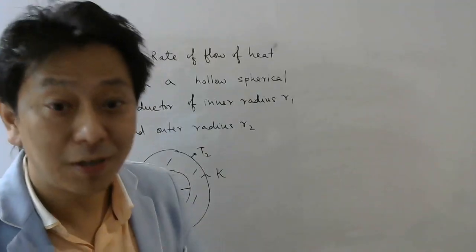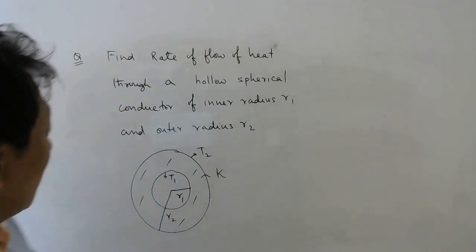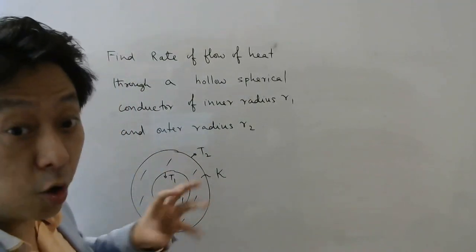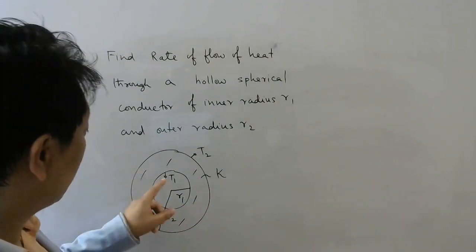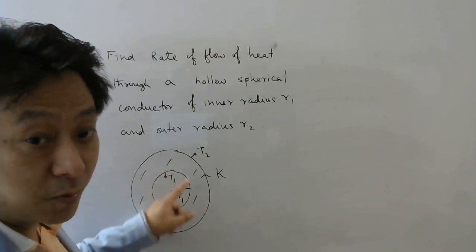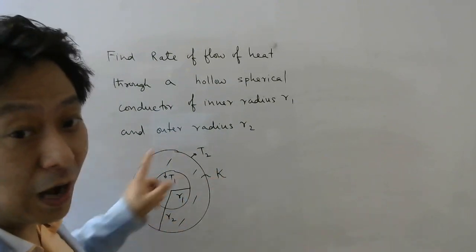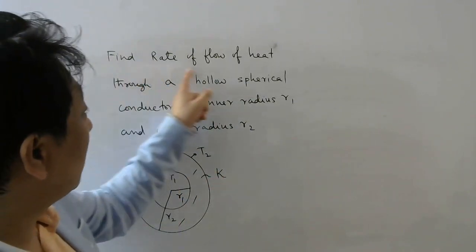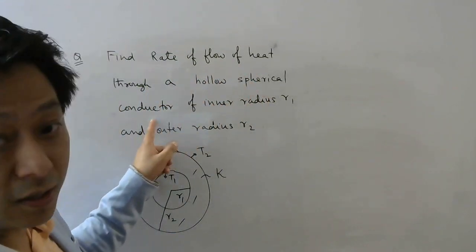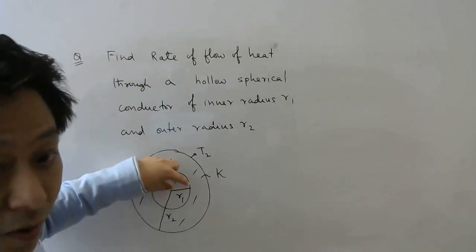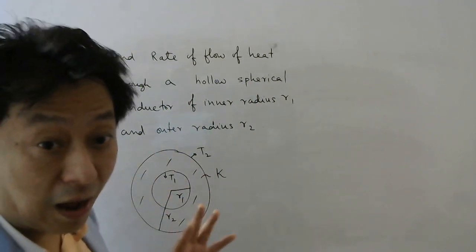Okay. Now let's do a very interesting question where they have given you a spherical hollow conductor, and we have to find the rate of flow of heat because of the temperature difference between the inner surface and the outer surface. So find the rate of flow of heat through a hollow spherical conductor whose inner radius is R1, outer radius is R2.